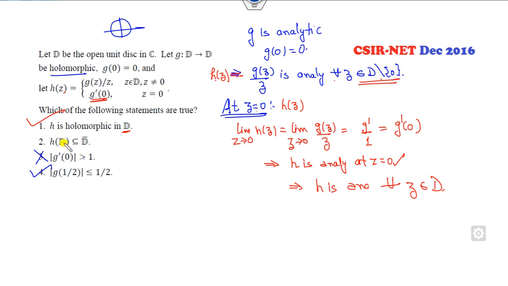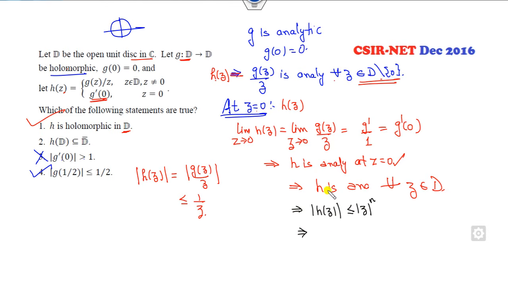Now how can you prove this? So again I can start from here. What is my h of z, which is g of z over z. What is g of z? It's an analytic function on the open disk, so |g(z)| is less than 1. Because h is an analytic function, I can say this function is less than or equal to this.